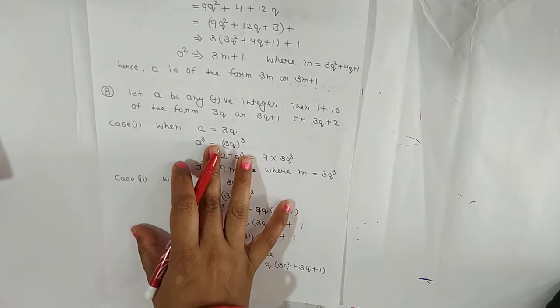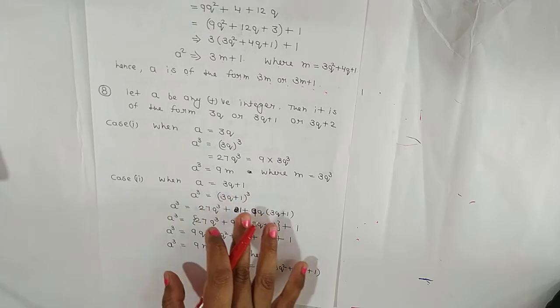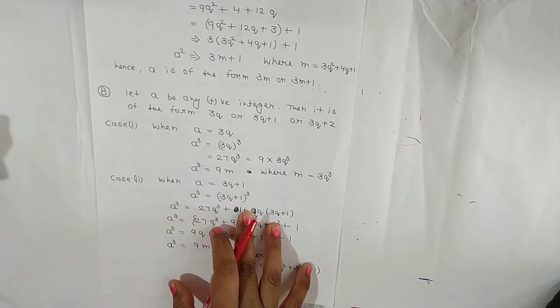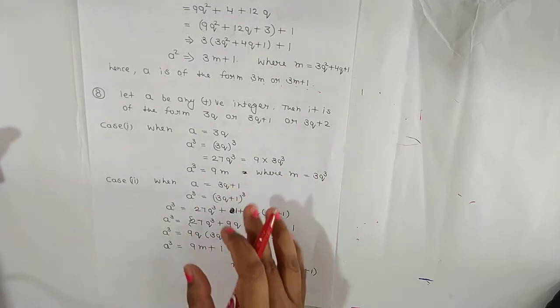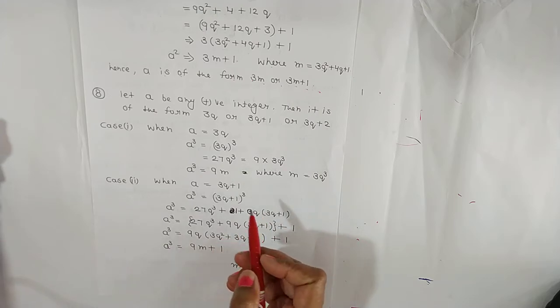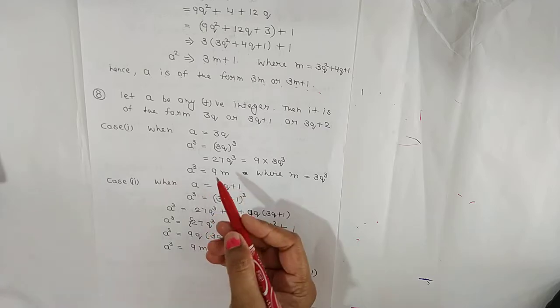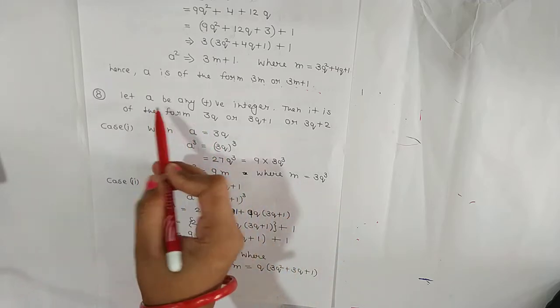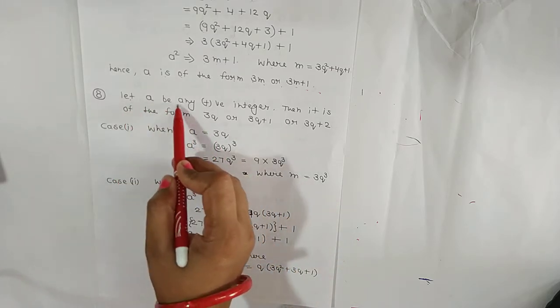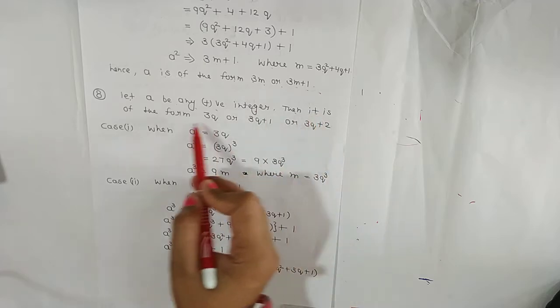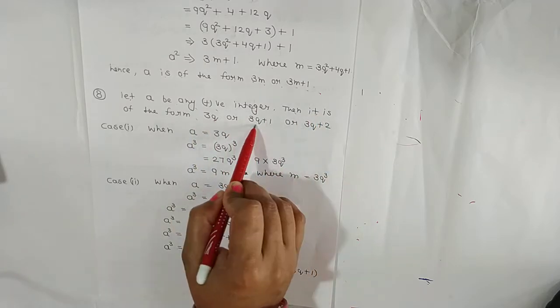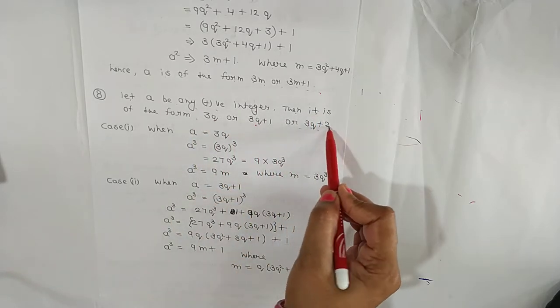Okay. Move on to another question, the 8th question. Use Euclid division lemma to show that the cube of any positive integer is either of the form 9m, 9m plus 1 or 9m plus 8. So for this, let a be any positive integer, then it is of the form 3q, 3q plus 1 or 3q plus 2.